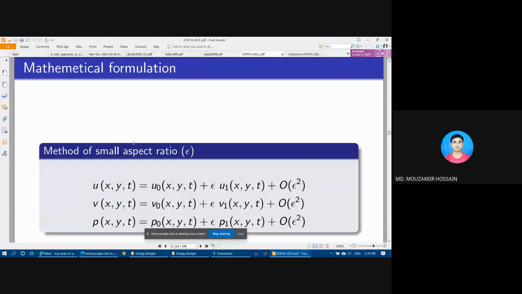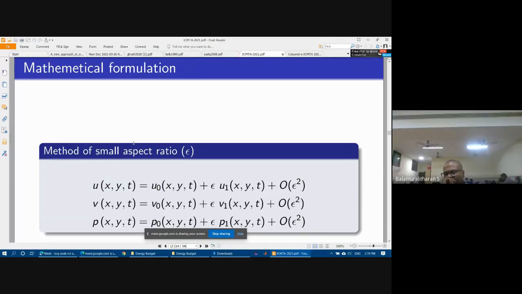I solve the equations for the base flow velocity profile. After perturbation, we find the zeroth order, which means without epsilon, and the perturb term, which means with epsilon. Then we substitute in the governing equation and find the velocity profile.